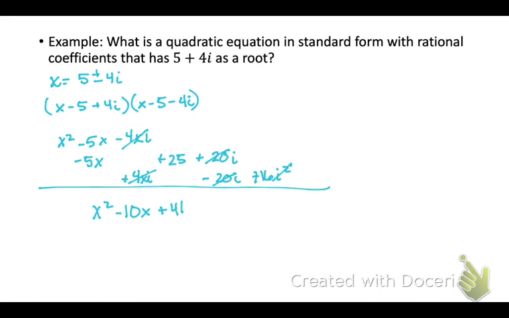Would it be negative 41? No, because it was negative 16i squared, so that's negative 1. How'd you get 41? 16 plus 25.